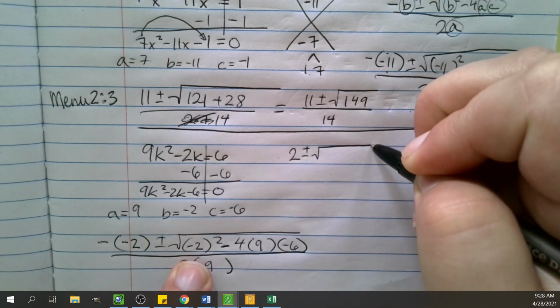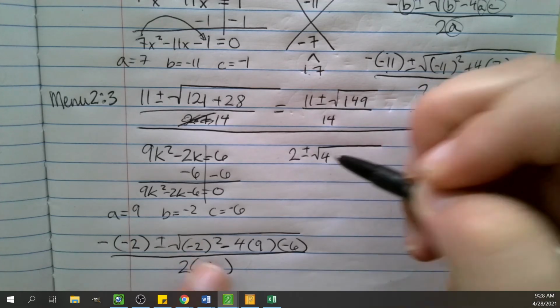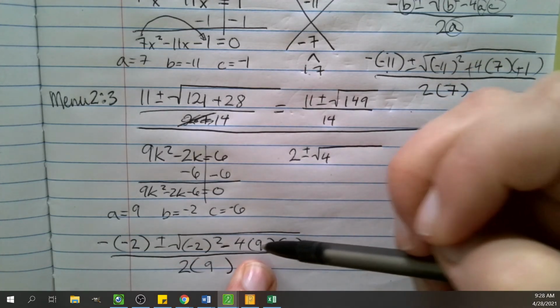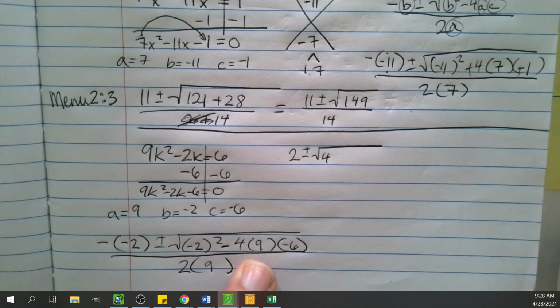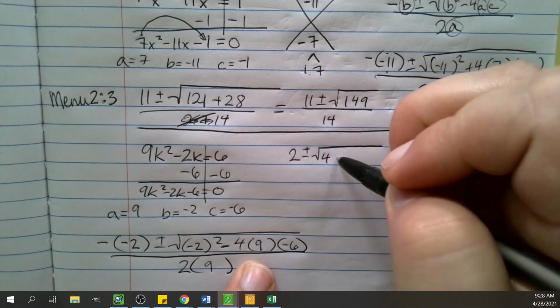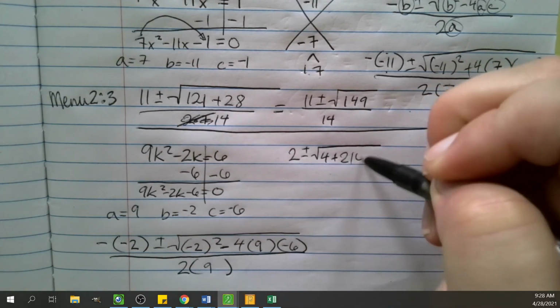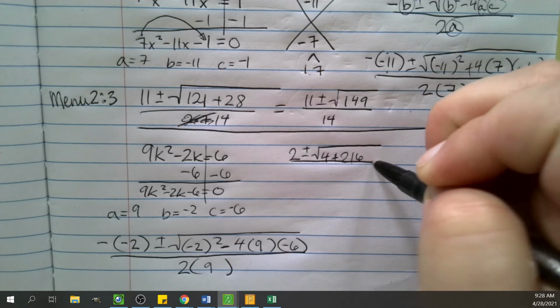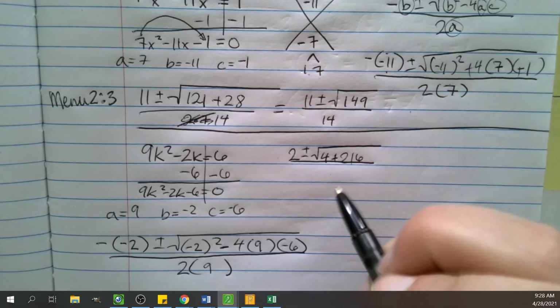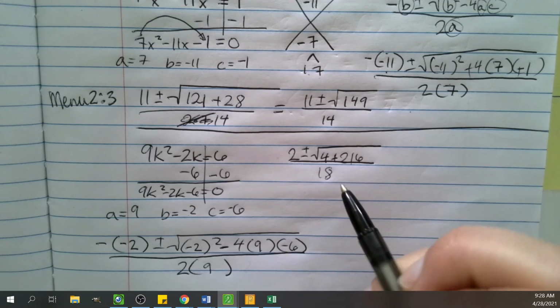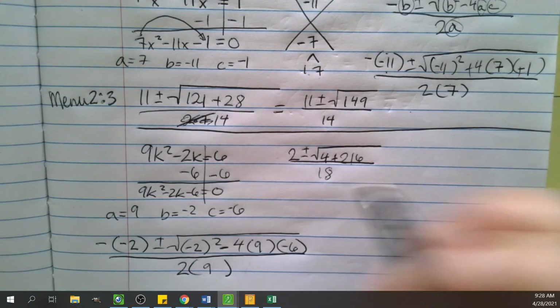Sam, -2 squared is? Good. Richard, -4 times 9 times -6? You know it's positive, that's good. Good. 216. Johnny, 2 times 9? Alan, 4 plus 216?